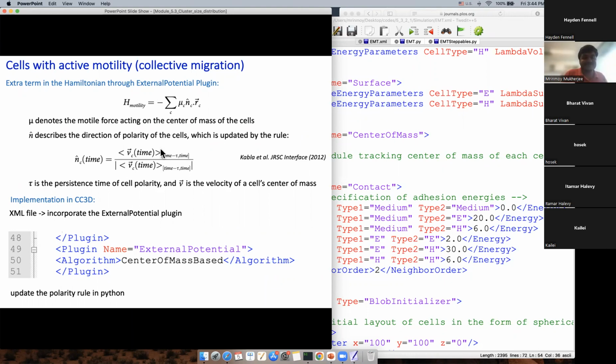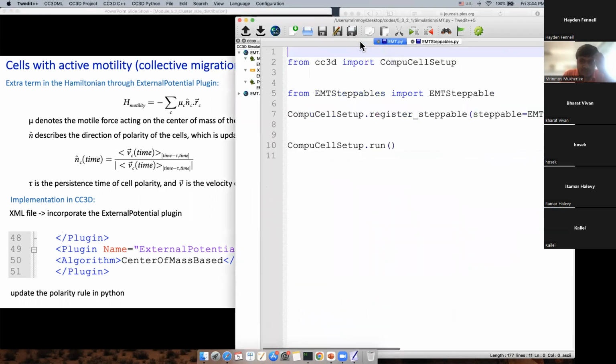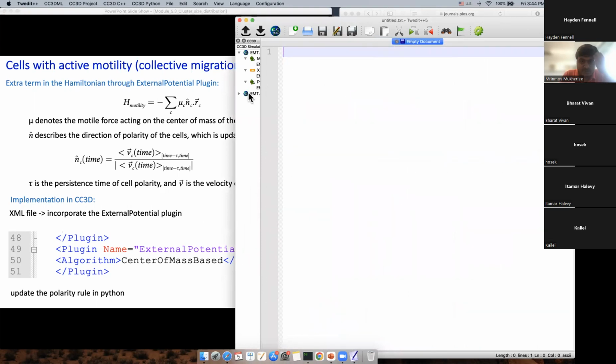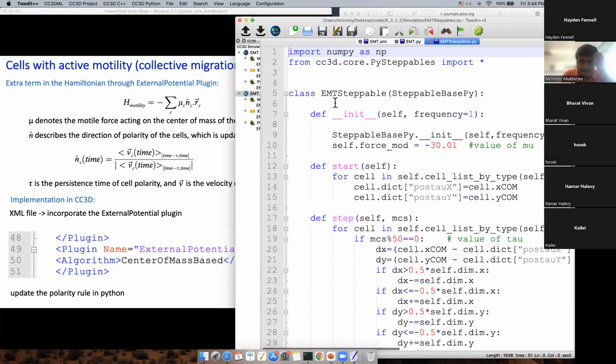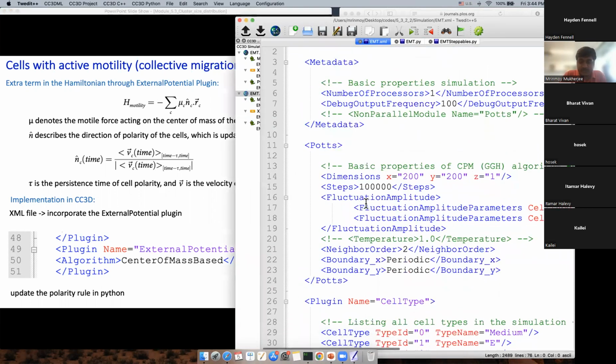Just to see how to incorporate this in CC3D, we need to go to the XML file of the previous simulation. There we need to add the external potential plugin in the XML file. You can go to the XML file and try to incorporate the external potential plugin.